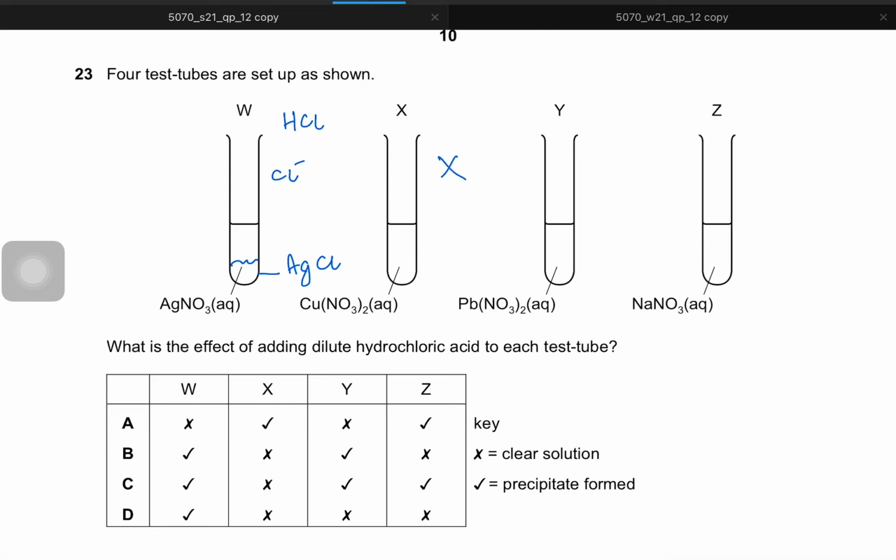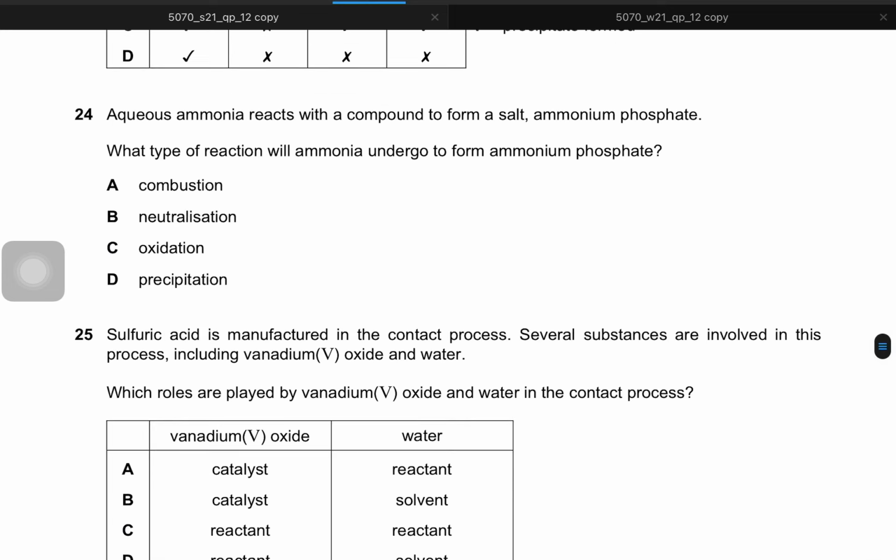With lead 2 nitrate, chloride ions from the dilute HCl give a precipitate of lead 2 chloride. And in sodium nitrate, no change. So you get a precipitate in test tubes W and Y, and no precipitation in X and Z. So B for Barrows is the answer.